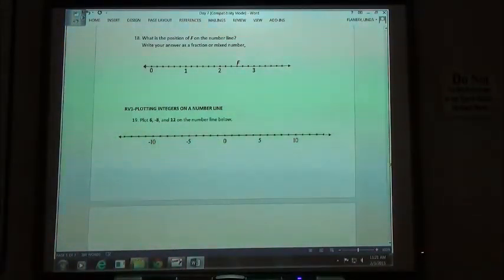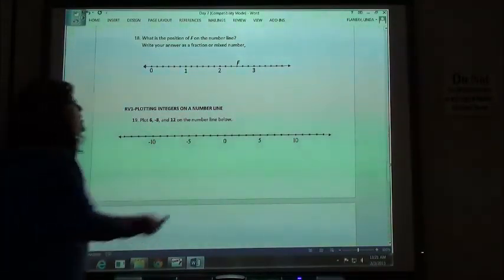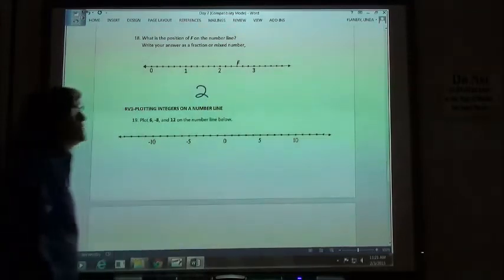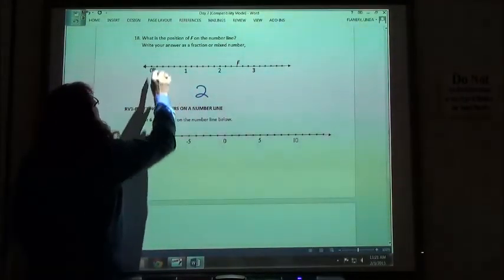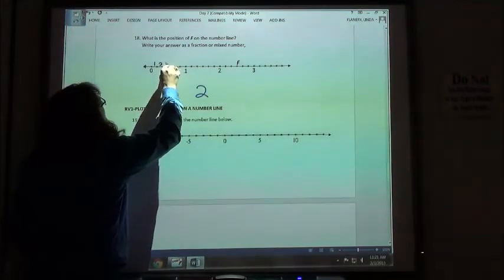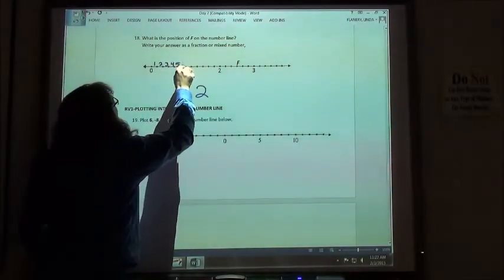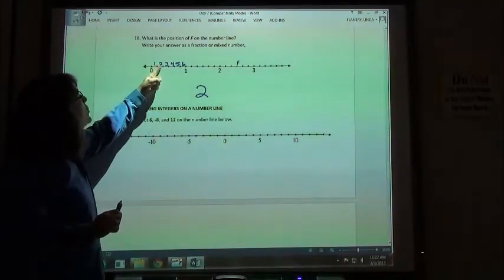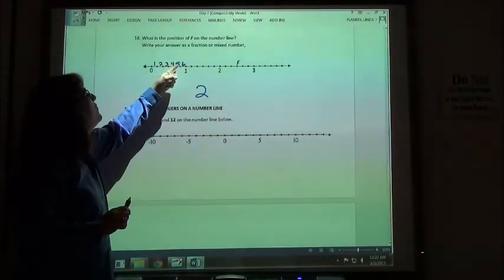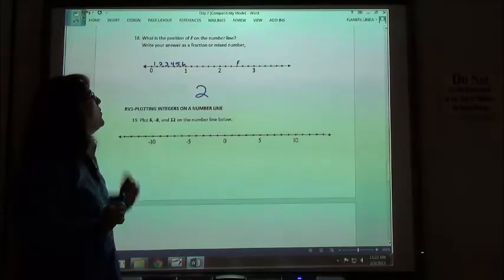So number 18 there, we're looking where F is. We can see that the F is between the 2 and the 3, so we know it's going to be 2 and something. So again, I'm going to look at my spaces between 0 and 1. 1, 2, 3, 4, 5, 6 spaces between 0 and 1. So 1/6, 2/6, 3/6, 4/6, 5/6, 6/6 would be 1.